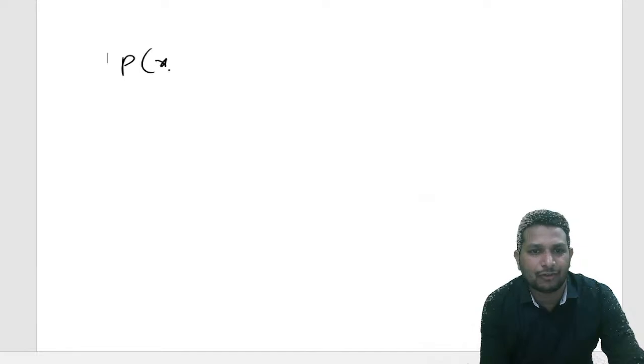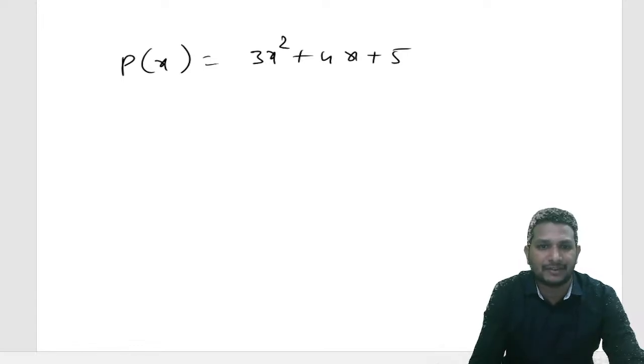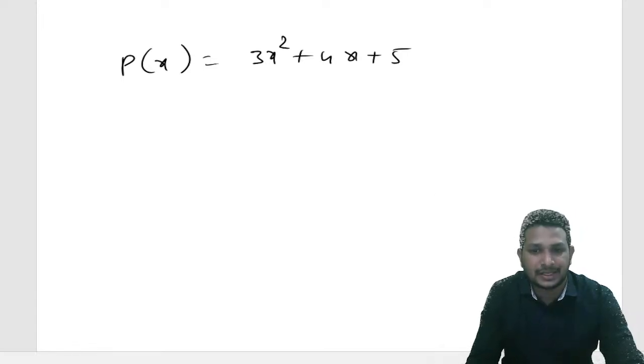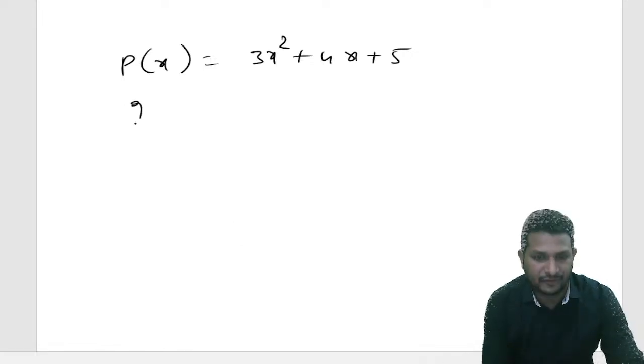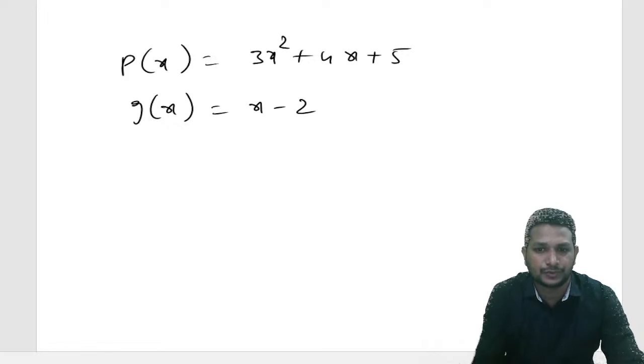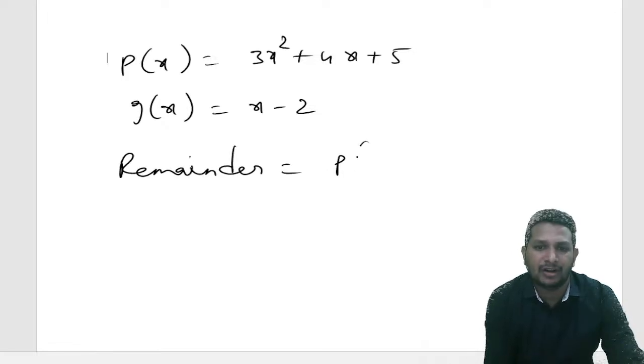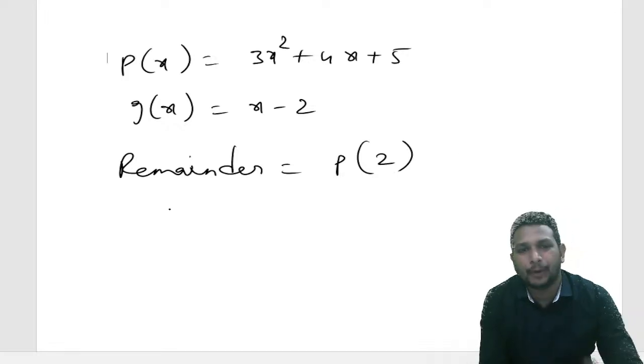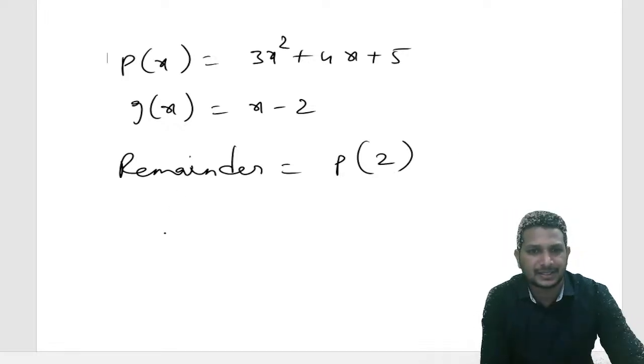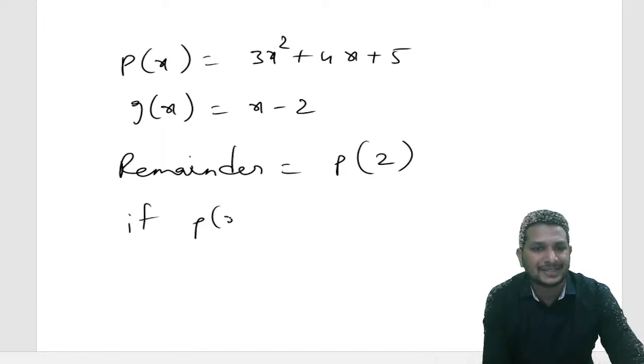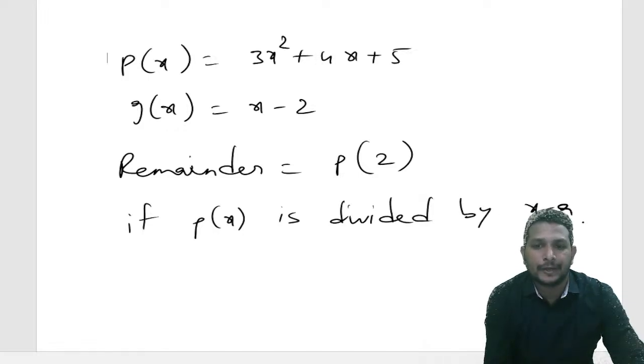p of x they gave as 3x square plus 4x plus 5. Coming to g of x, they gave it as x minus 2. So the remainder will be p of 2, because if p of x is divided by x minus a, the remainder is p of a.